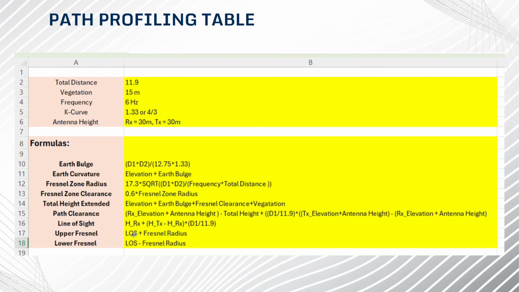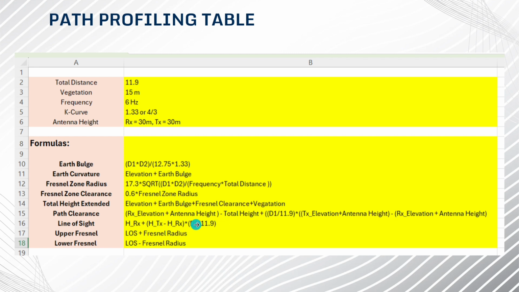For the line of sight, the height of the receiver plus the quantity height of the transmitter minus the height of the receiver times d1 over the total distance, which is 11.9 kilometers.